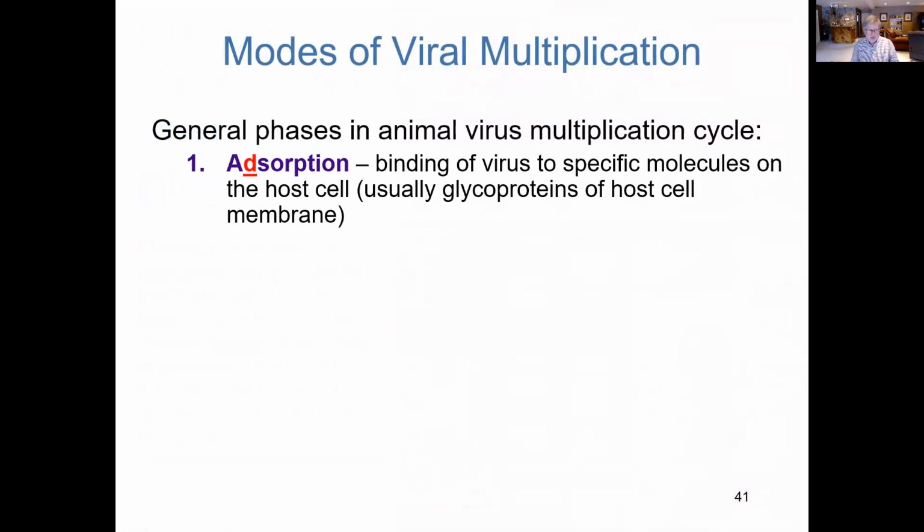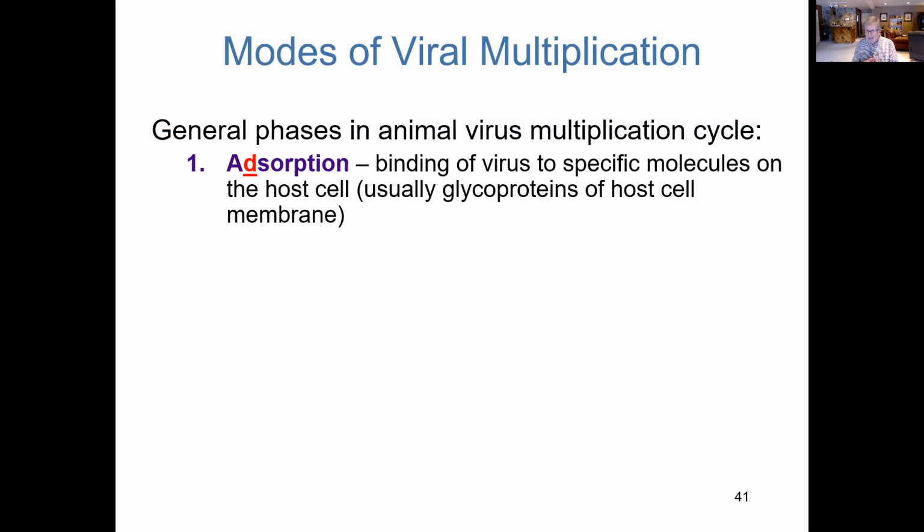Please note the letter D, because I don't want to be reading about absorption being the first phase of animal virus replication, because there isn't any such term related to that. It's adsorption. So the virus adsorbs to the surface of the host cell, utilizing specific surface molecules that the virus has that literally will fit into special receptors called glycoproteins on the surface of the host cell membrane.